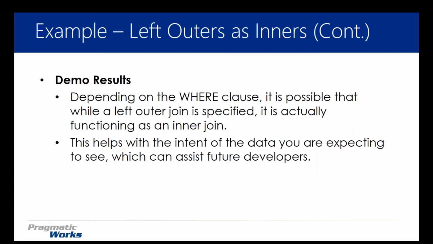Because when I look at things, I say, oh, left outer join, so you don't mind if there are records in that table or not. An inner join, I immediately say, well, you definitely are interested only if there are records in that table. So it helps with the idea of what your intent is in the actual T-SQL.